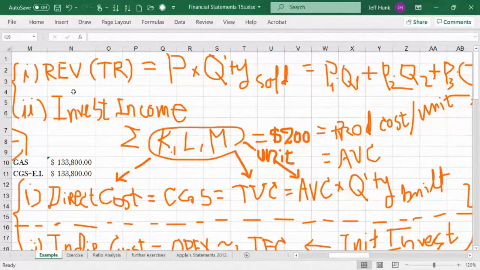Revenue is also a kind of linear function of quantity. We defined revenue as price times quantity sold, didn't we? Remember that? I said there is no better definition than a mathematical definition, because a verbal definition is always open-ended.